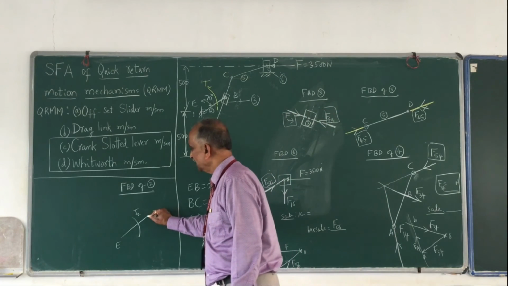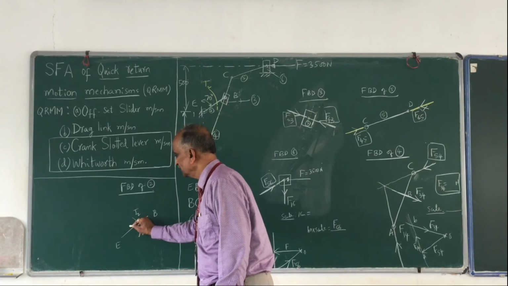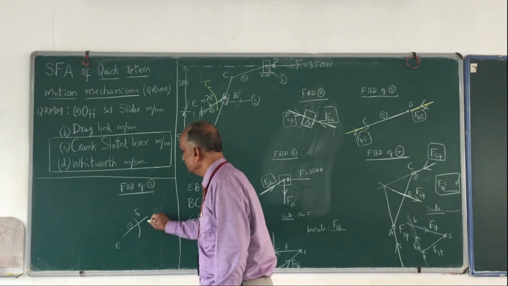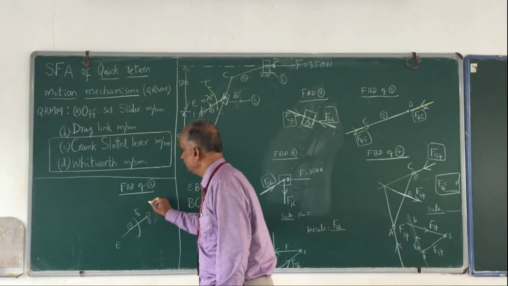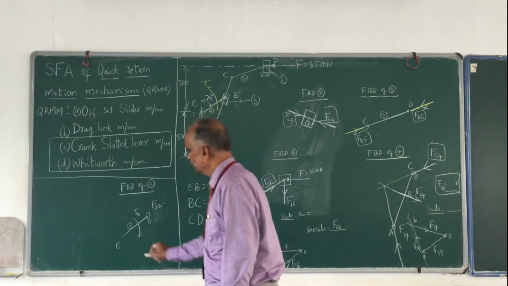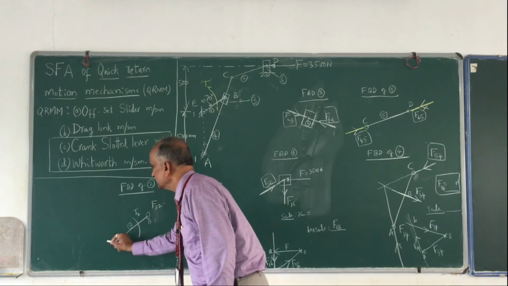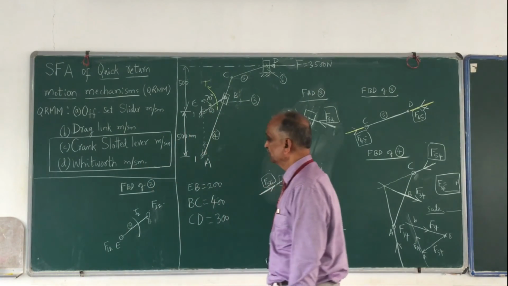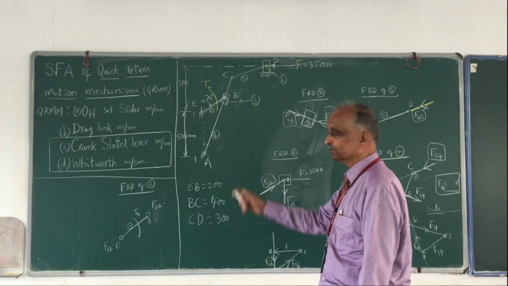At B, this is link number 2, you have a connection with 3, a force at the turning pair. This is F32. And at E, you have a force F12. F12, F32: two forces and also a torque.